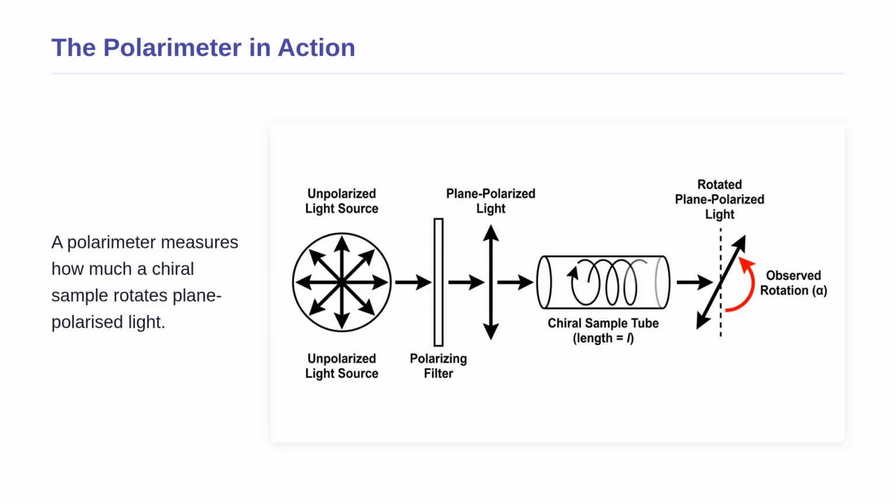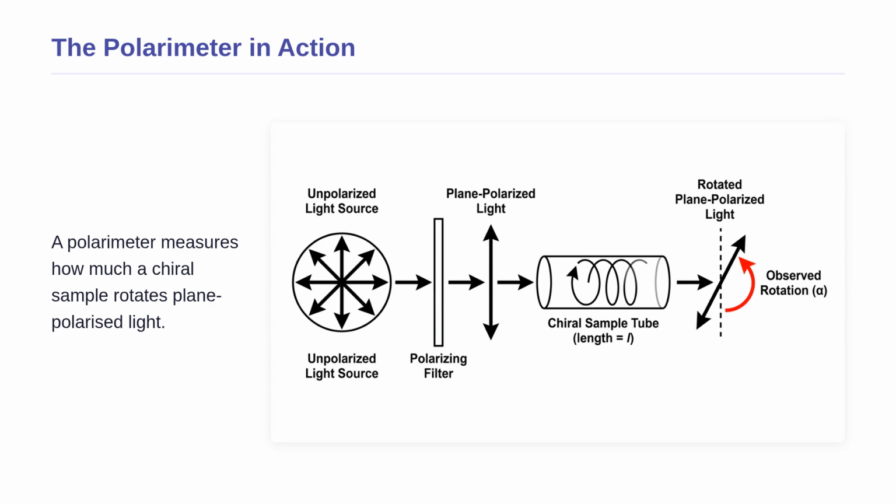Before we look at the math, let us visualize this process with a diagram of a polarimeter. On the far left, you see unpolarized light vibrating in all directions. It then passes through a vertical polarizing filter, emerging as plane polarized light with arrows pointing only up and down. This flat wave then enters the cylindrical chiral sample tube in the center.